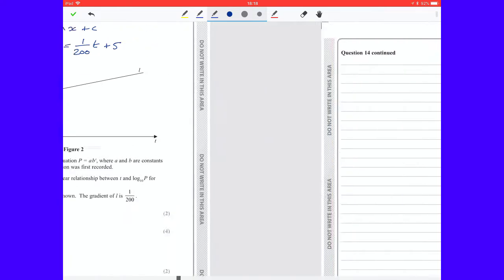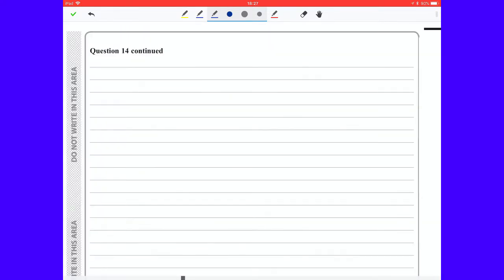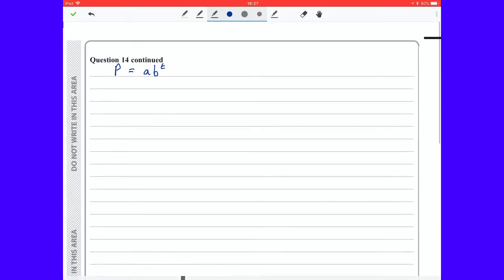Find the value of A and the value of B. We begin this next part by writing the relationship P is equal to AB to the power T. Then we take logs of both sides. So the log of P is equal to the log of AB to the power T. Then we use our rules of logarithms to split the logarithm on the right hand side.